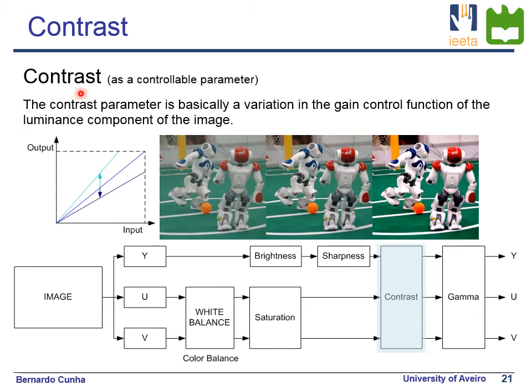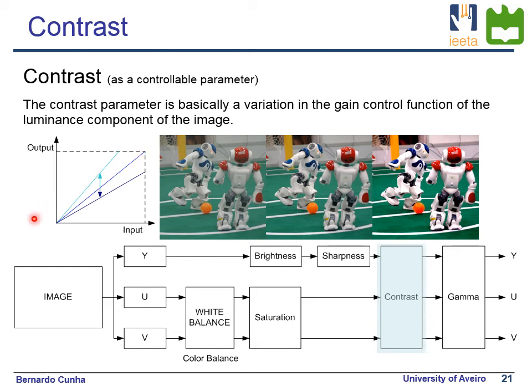But as I said before, contrast can not only be an intrinsic image parameter, but also a controllable parameter, which means that you can externally change the contrast of an image in the same way that we did with the brightness. So going back to our transfer function, the original transfer function is this line.